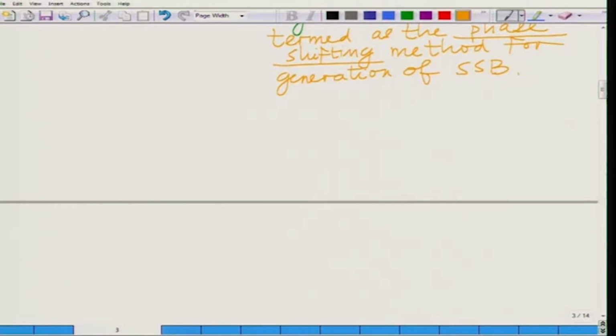Now, let us consider this component by component. Let us look at m(t) cosine 2 pi f_c t.